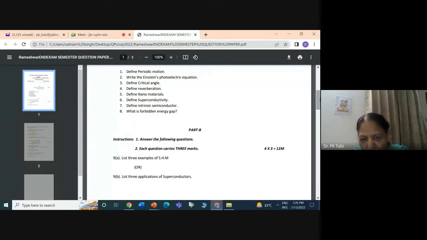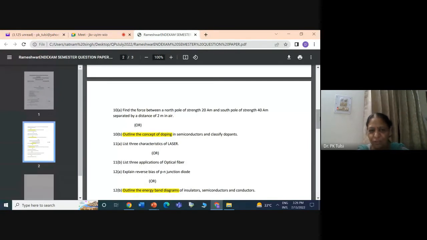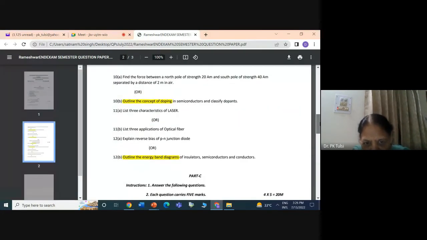Then answer the following questions. Each question carries 3 marks. It is written very well, not much problem here. Now see, question number 10 came. Perhaps something is missing in between, no, it is fine. Now see, 10B: outline the concept of doping in semiconductor. Outline. Concept is not outlined.